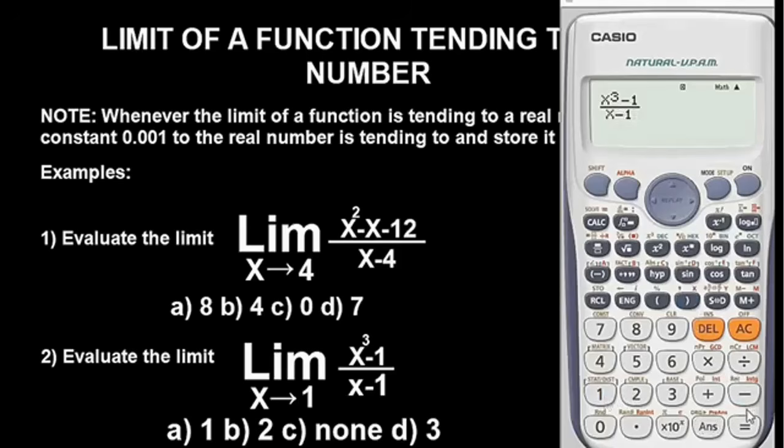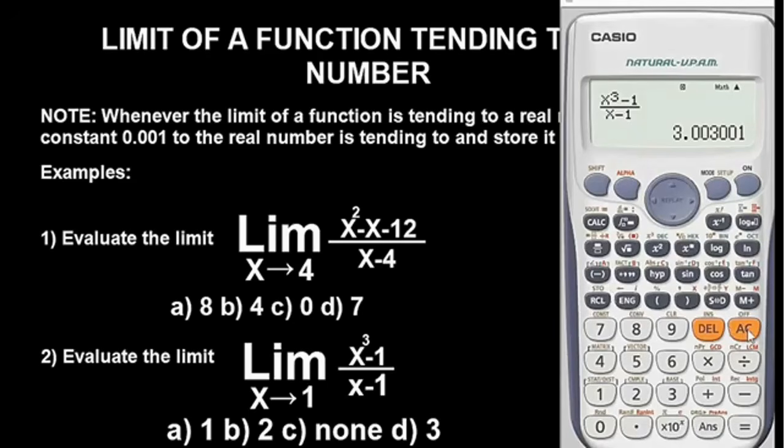So let's press equal to. So we have 3.003001. This value cannot be approximated. So automatically our answer is correct, which is option D. It's as simple as that. Very, very easy. Just follow the steps I've shown you and solve any similar question you are given. You will definitely get the right answer.